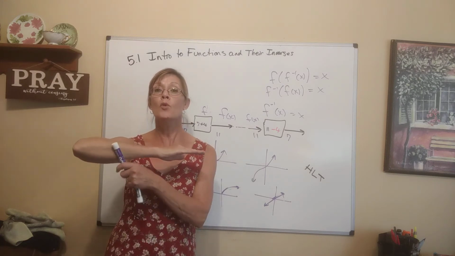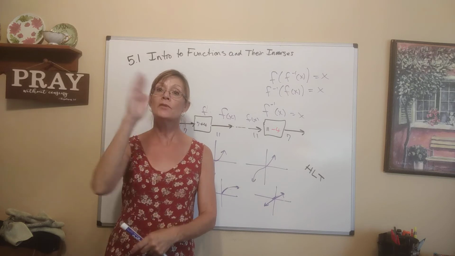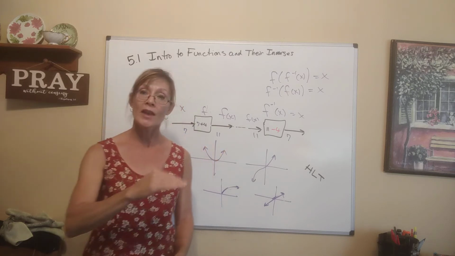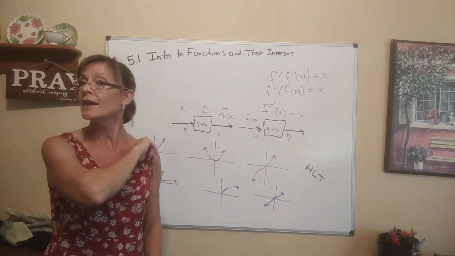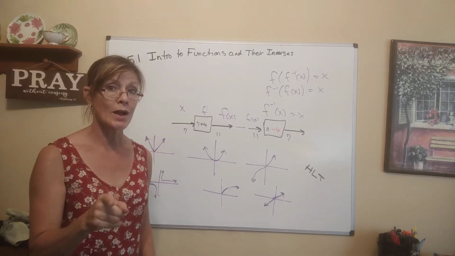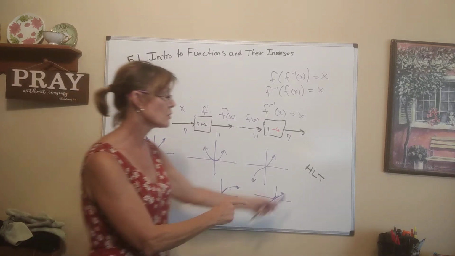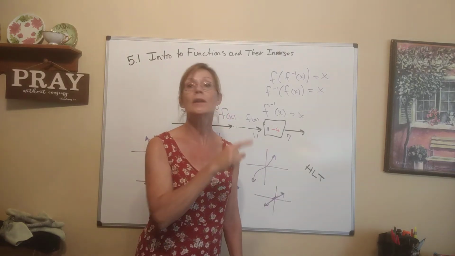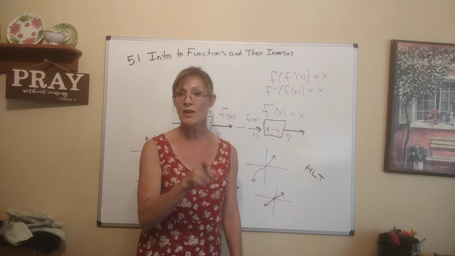If you can make it touch more than one place, similar to the vertical line test, then it fails the horizontal line test and it is not one-to-one. If it passes the horizontal line test, it's one-to-one. If it fails, it's not one-to-one and it does not have an inverse function.